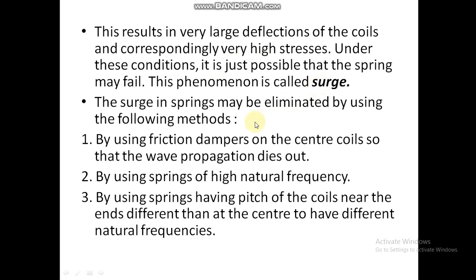Surge in springs may be eliminated by using the following methods. First, by using friction dampers on the center coils so that the wave propagation dies out. Second, by using springs of high natural frequency. Third, by using springs having pitch of coils near the ends different from that at the center, to have different natural frequencies.